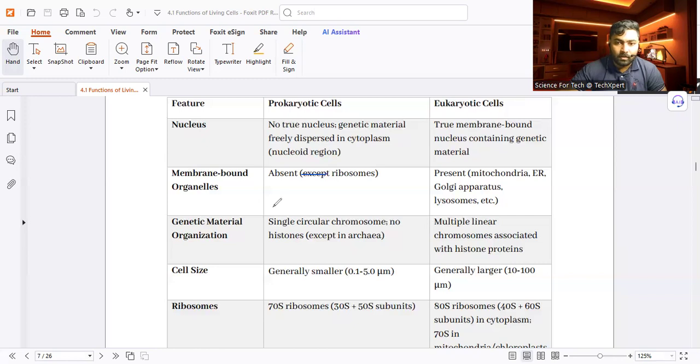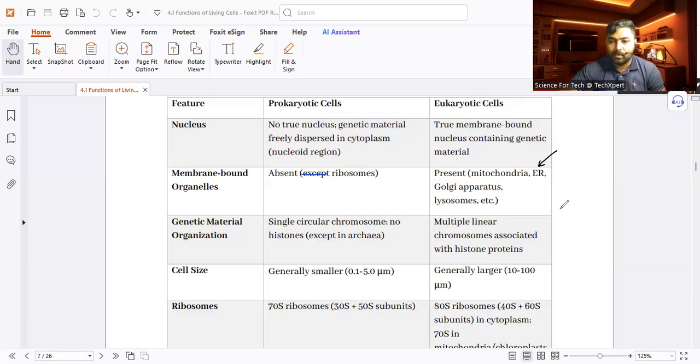Okay. The next column, present: yes, mitochondria, ER. What is meant by ER? ER means endoplasmic reticulum. There are two kinds of ER.